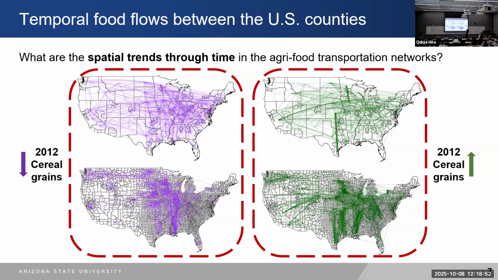And green means those paths or links actually observed an increase in the amount of cereal grain mass transport in 2012 compared to 2007. So this tells us that whatever was missing in terms of supply in the Midwest was picked up mainly by Texas.